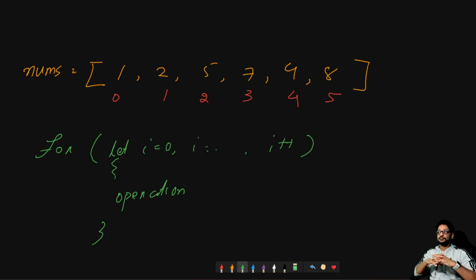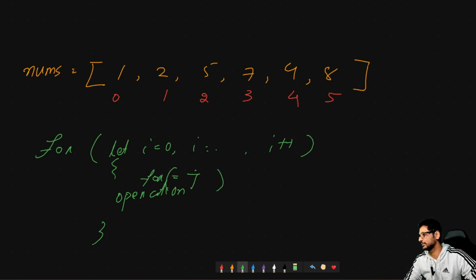But if we initiate two indexes, for example, we did i here, maybe we wrote another for loop here that deals with j index, and we initiate j with 0 or j with some other index, based on some condition. And now we have i and we have another index, maybe j.